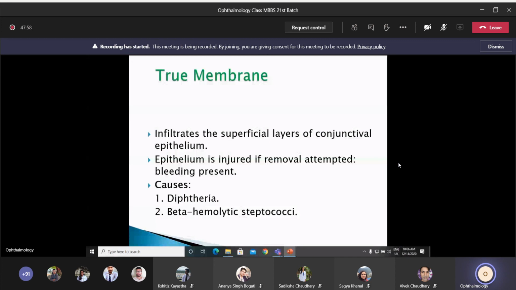Sometimes even the layers of the conjunctiva, nerve supply and blood supply come up. And what are the signs that you look for in a case of conjunctivitis or conjunctival disease, starting with the discharge, to the type of conjunctival reaction, and then the true membrane and pseudomembrane.